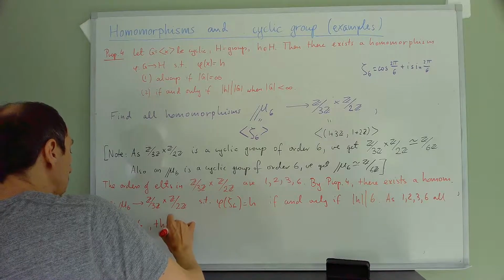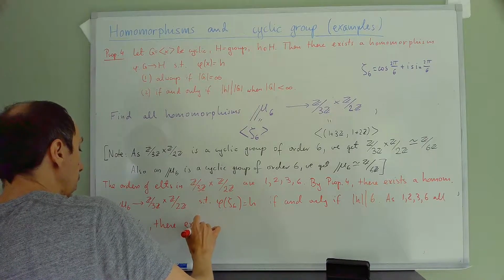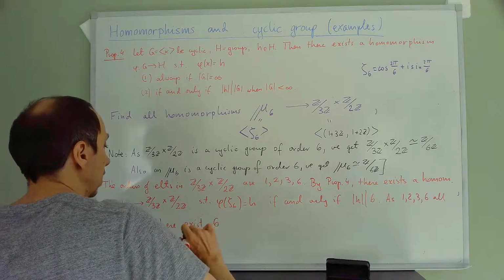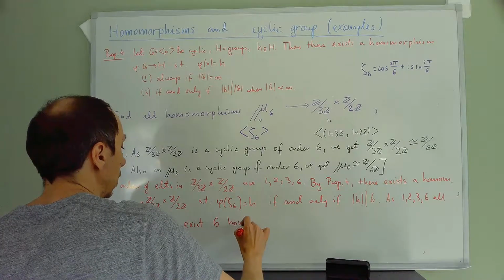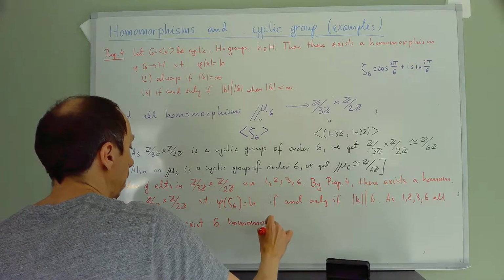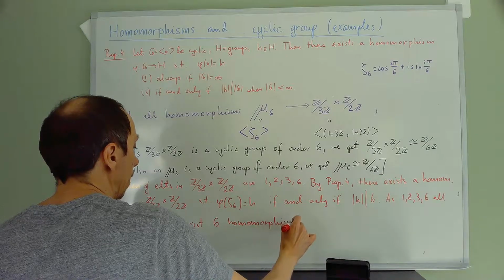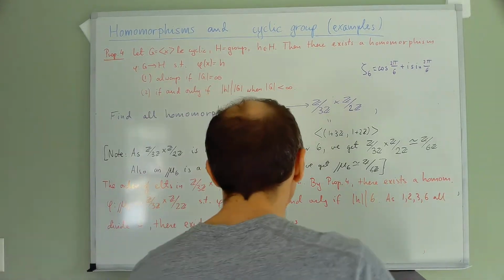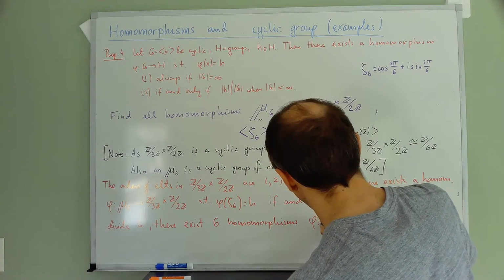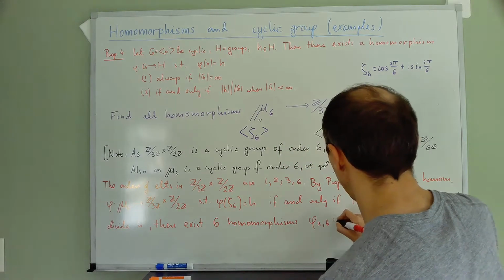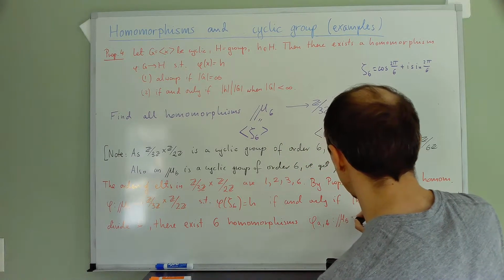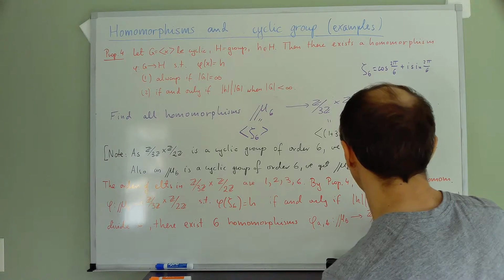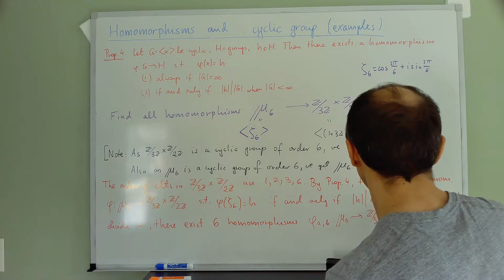there exist 6 homomorphisms. I'm going to denote them by phi AB from mu6 to Z mod 3Z cross Z mod 2Z.